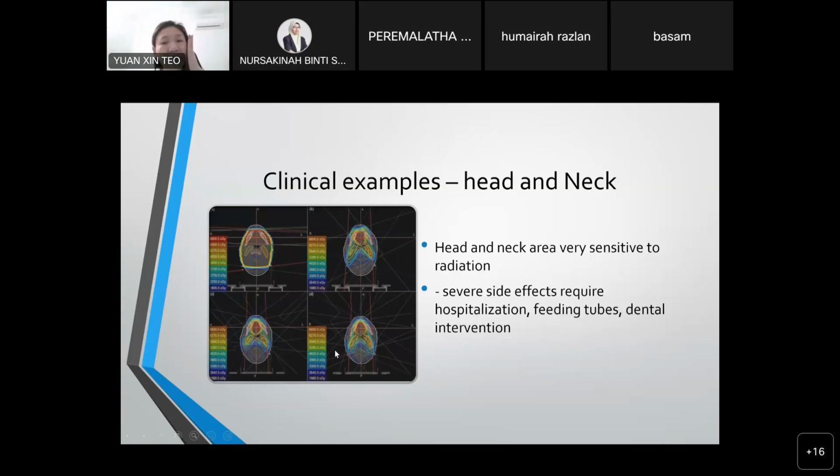Okay. So for head and neck cases, there are very serious side effects. If we are treating with the 3D technique, a patient may need hospitalization because they can't eat. Normally they will face loss of appetite, and then they can't eat.